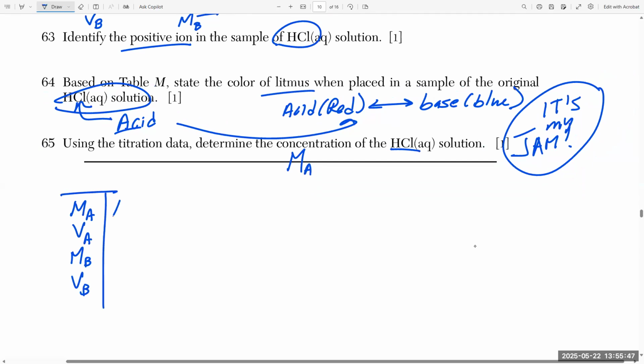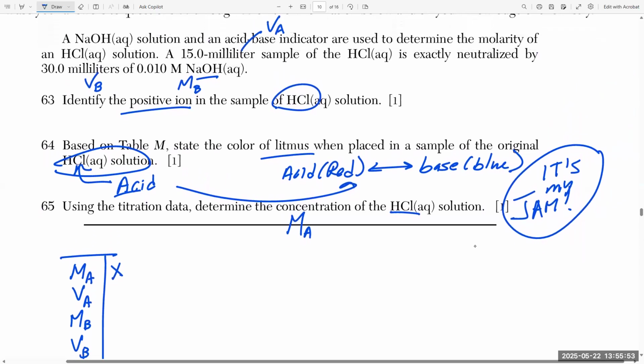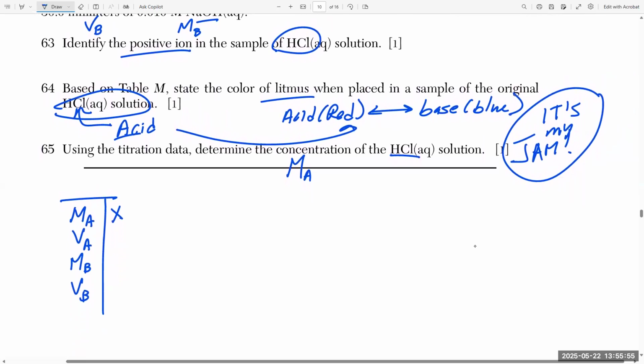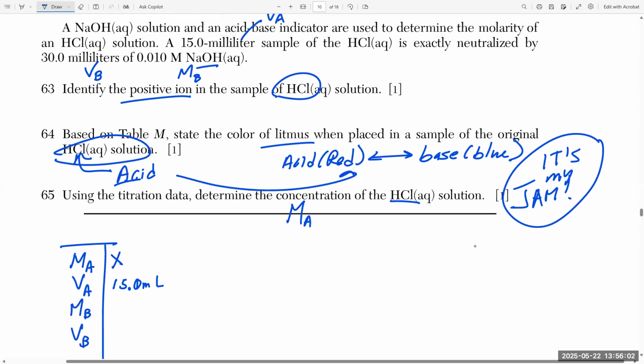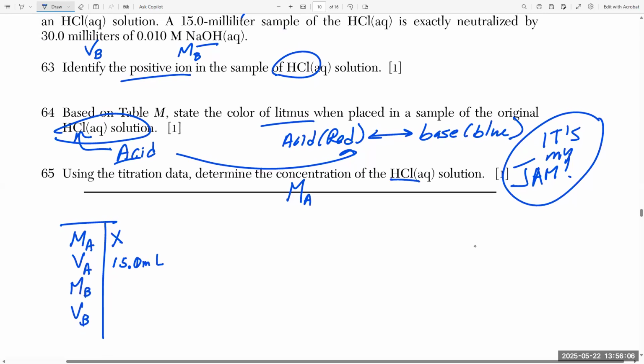This is our X, and volume of our acid is 15 milliliters, 15.0, right? And the concentrations are 0.010 molar, and then the volume of our base is 30.0 milliliters, right?